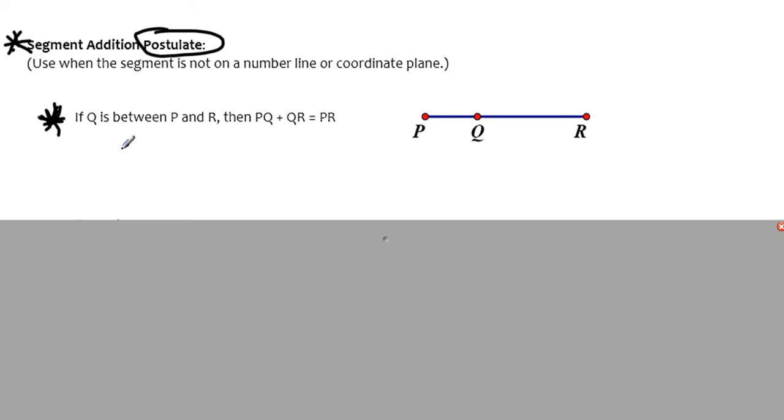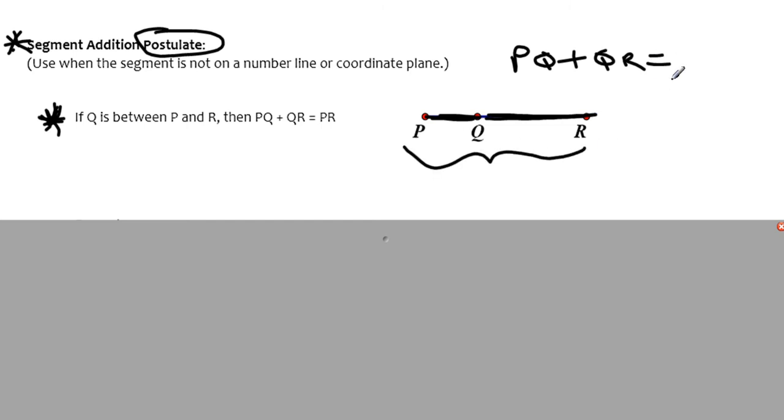The segment addition postulate says exactly what we just did, but with letters instead of numbers. It says that the length of this segment PQ, or from here to here, plus the length of this segment QR, so from Q to R, makes up the entire segment PR. Okay?